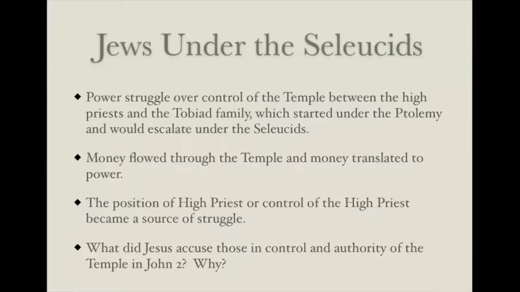The money exchangers for the Jews coming in from all these different nations would exchange currency for profit, and they would sell the different animals for them to sacrifice, since they had such a long trek to make it to Jerusalem. So instead of bringing animals to sacrifice, they would bring money and buy the animals to sacrifice in the temple. So they used that whole thing as a way of making money.